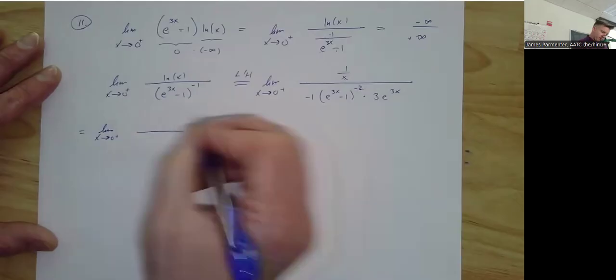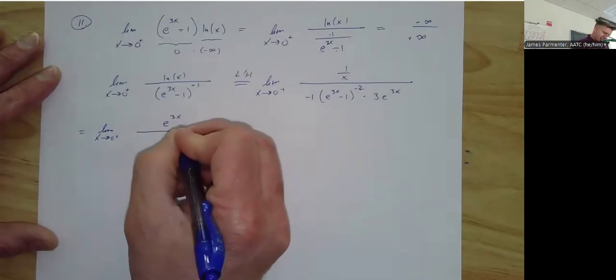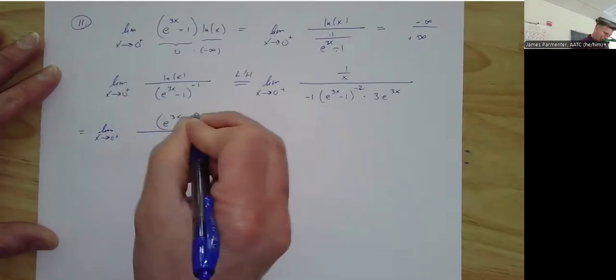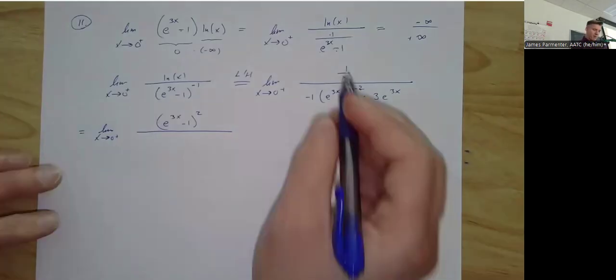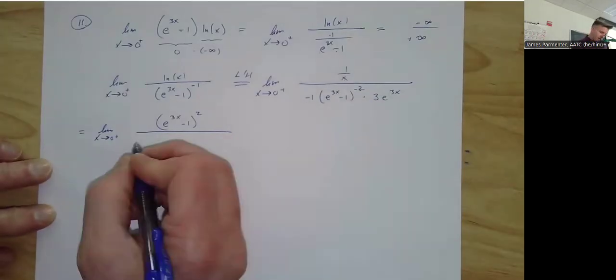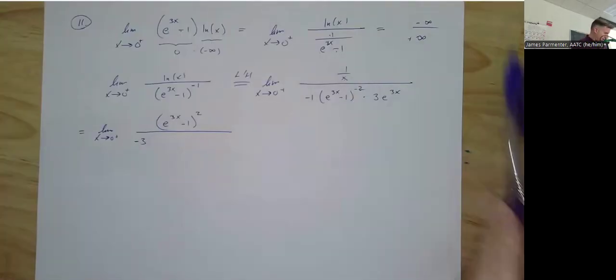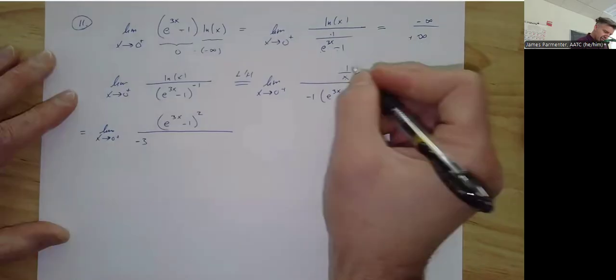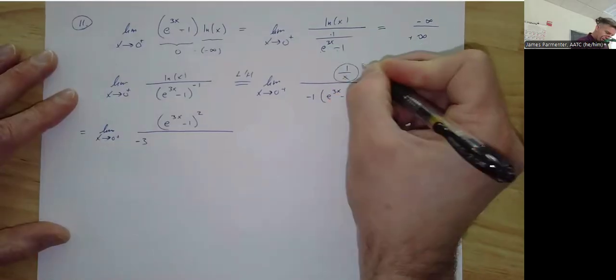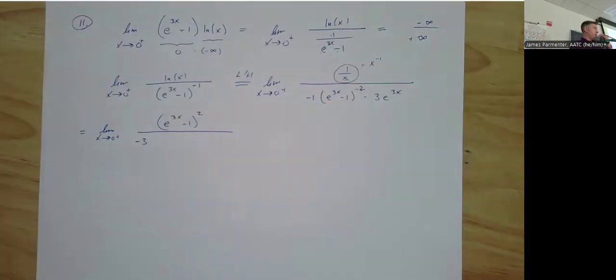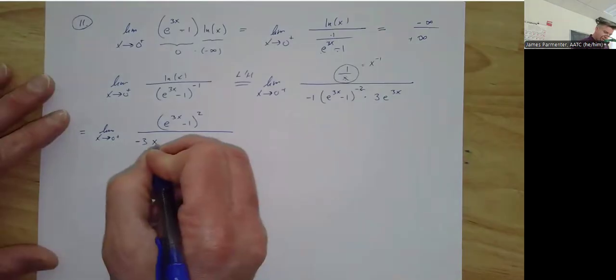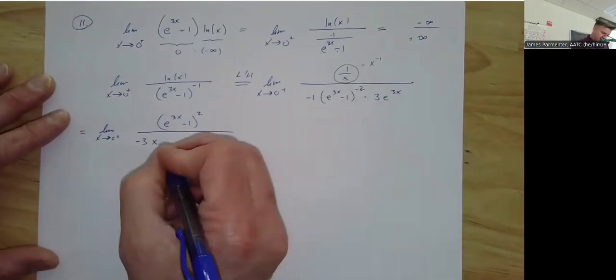I'm going to have my (e to the 3x minus 1) squared on top. On the bottom, this negative 3, fine, sure. This x I'm going to bring down to the bottom, right? Because again, really, this is x to the negative 1, which I bring down to the bottom as x to the positive 1. And then my e to the 3x is still hanging out there.